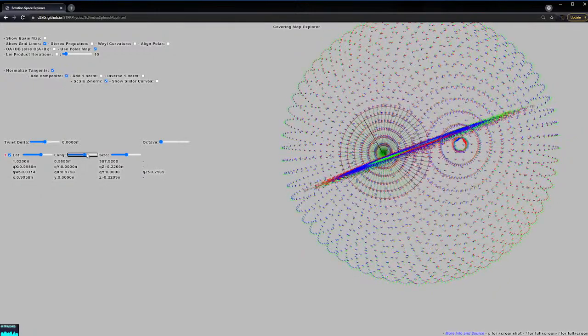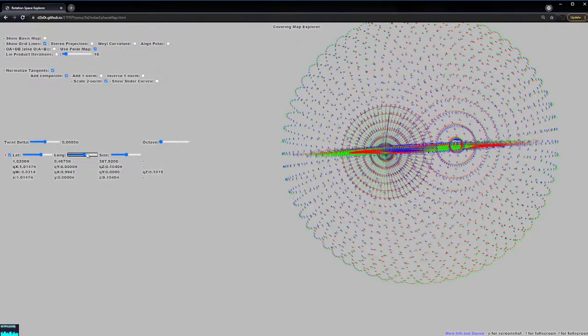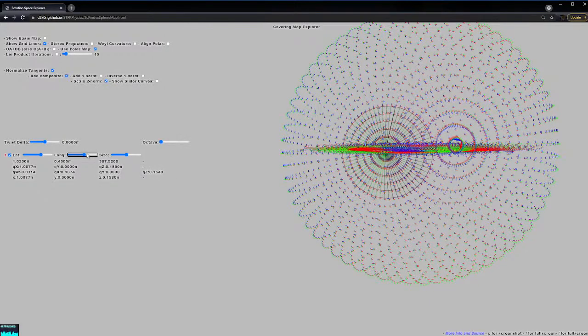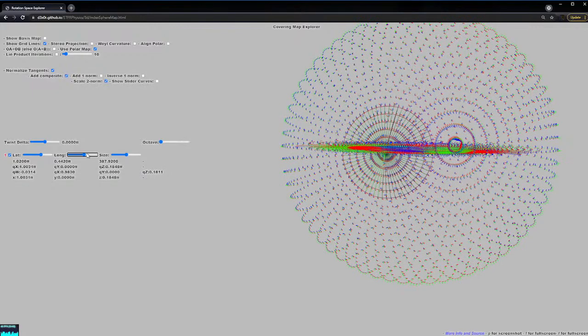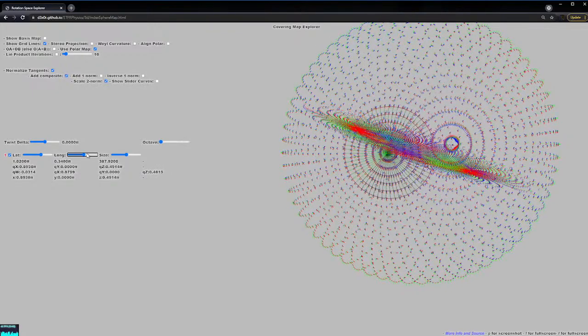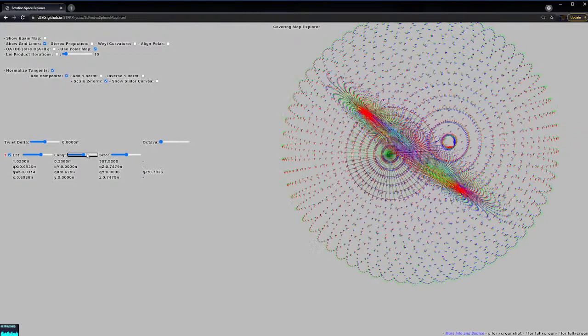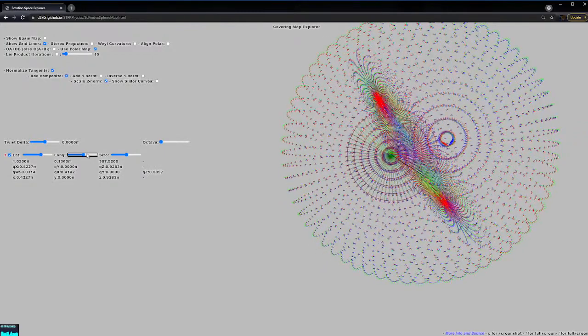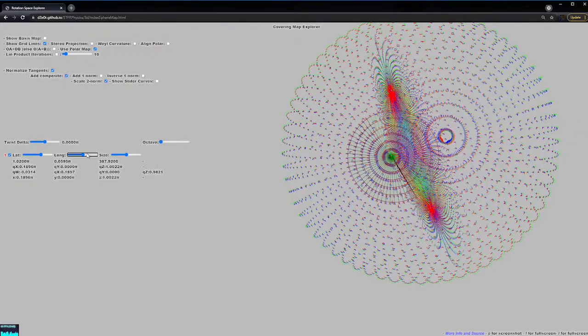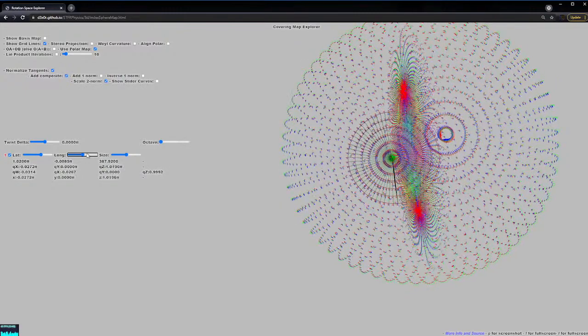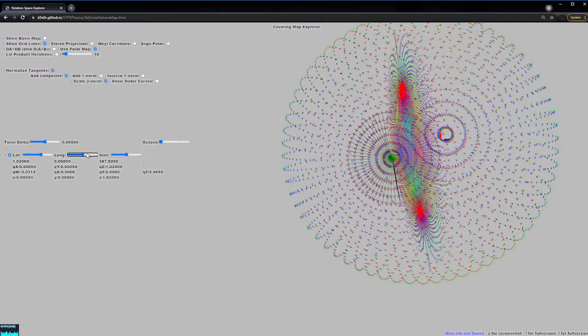So the angle of that plane is just directly the longitude. So that even makes it look like basic rotations.